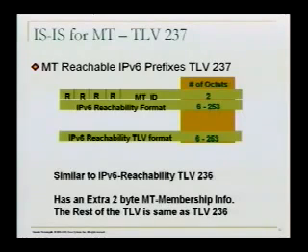So the answer is, either you run normal IPv6 with a normal topology where it has to be congruent, or if you go with a multi-topology, you can only do TLV 237 and you cannot do 236. Basically you cannot interoperate both of them together.